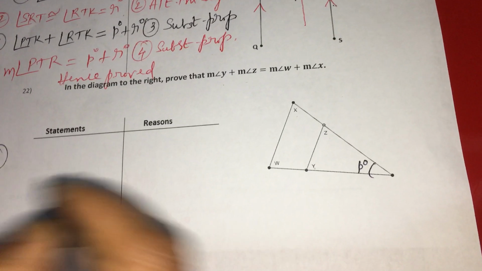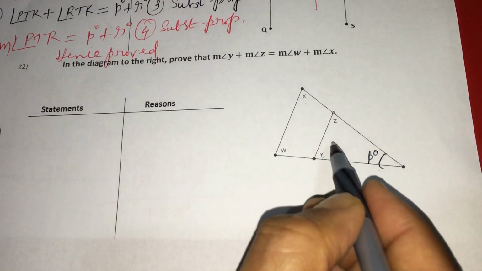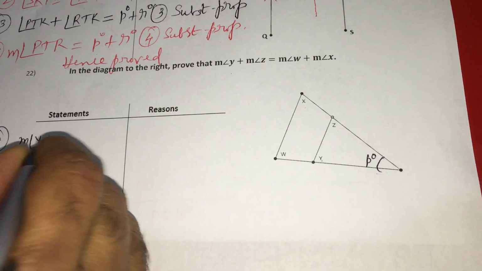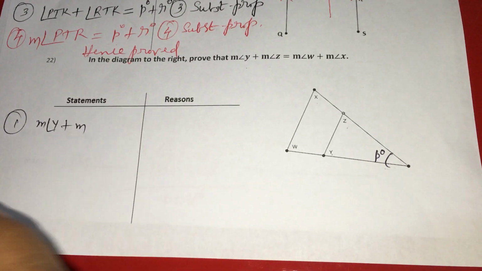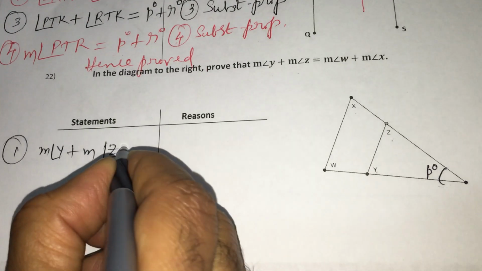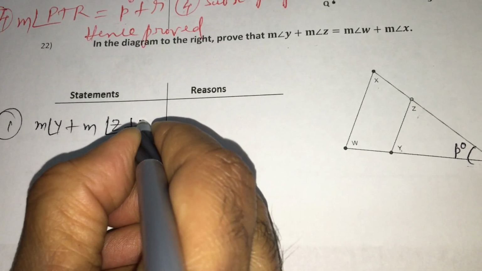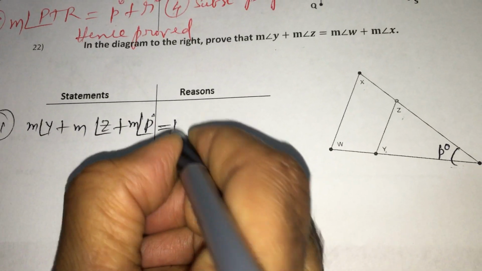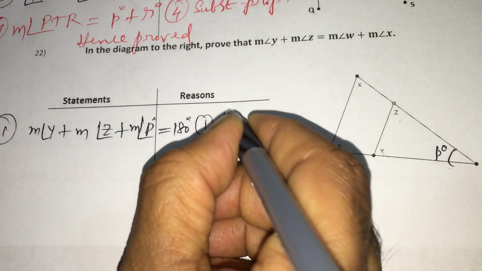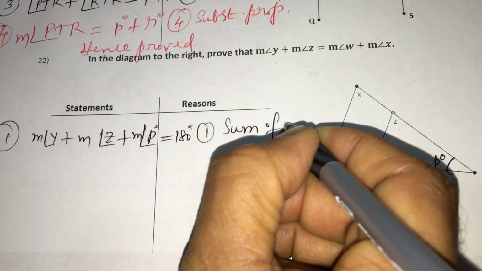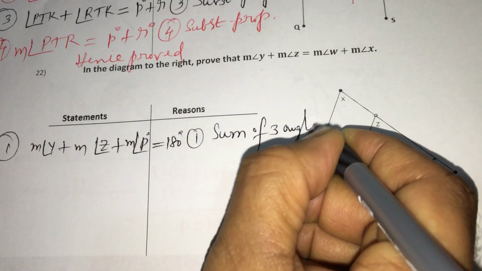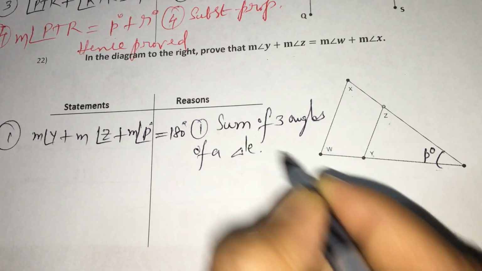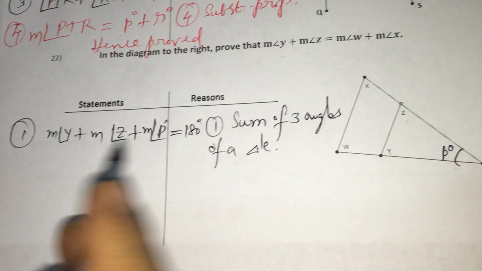Now you see the first thing, in this triangle, the measure of angle Y plus the measure of angle Z plus this measure of angle P, these three sum to 180. What is the reason? The reason is the sum of the three angles of a triangle is 180. That's why I wrote like that.